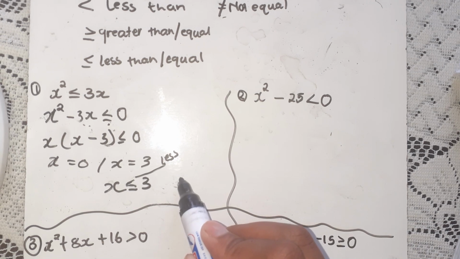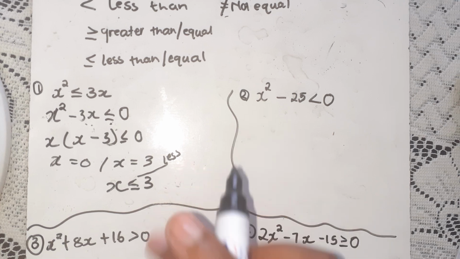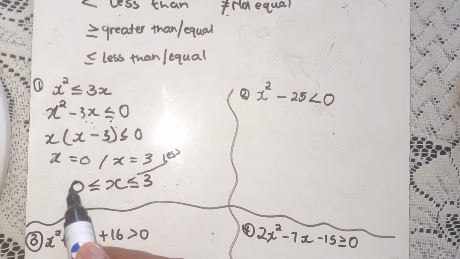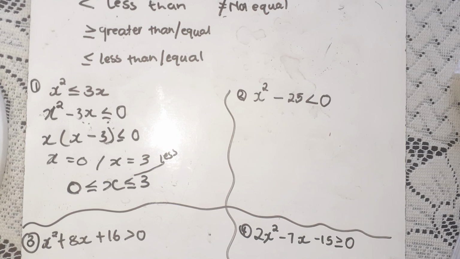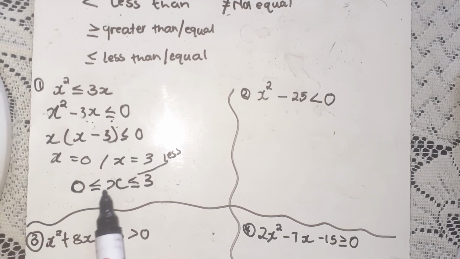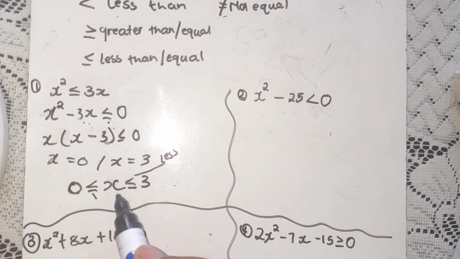So here we'll say where, another one will say, we'll write it like this. So where 0 is less than or equal to x. When will x be less than or equal to 0?